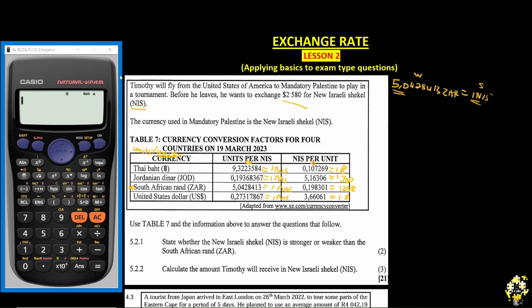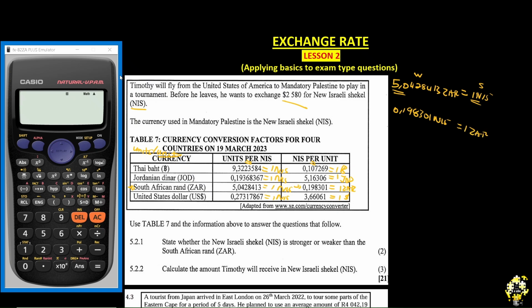So you can determine that, and we can also use the other one. The other one says that 0.198301 NIS is equal to 1 South African rand.